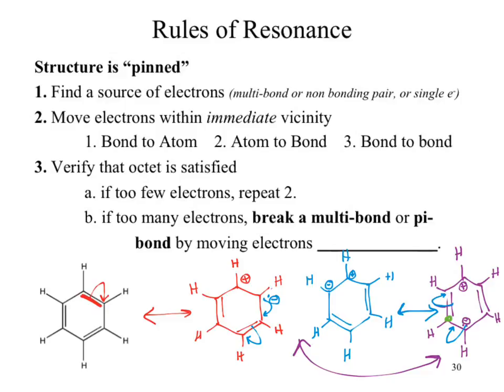We'll address shape and all that later. When we end up with this issue, what could we do now? We're still with this missing octet, we're still with a negative charge.